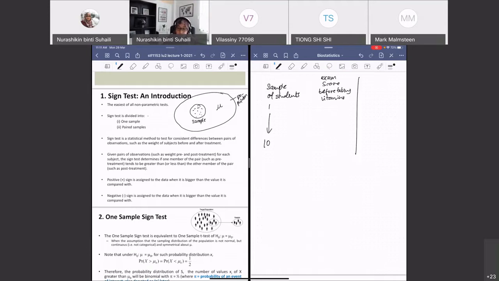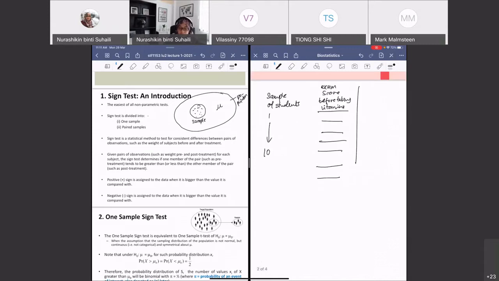Because there are 10 students, there are various results obtained by those 10 students. Another situation is the exam score after taking vitamins. They have their own scores for all of these 10 students.